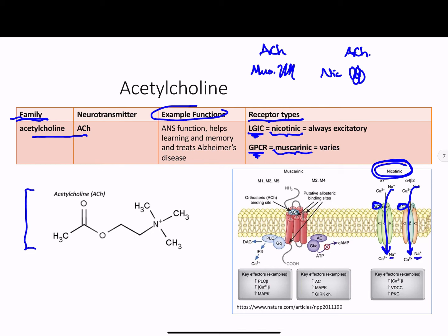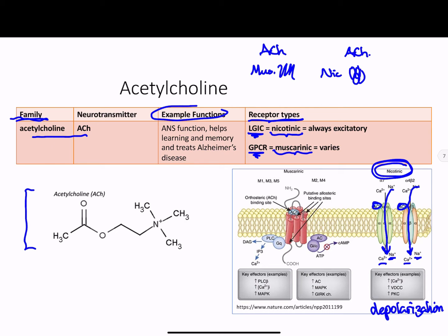Sodium and calcium are both positively charged, so you're thinking, okay, this is depolarization. And you are correct. If we're just talking about sodium coming in, that's pretty much all it is. But when you bring in calcium, you can have more complex and modulated effects as well.